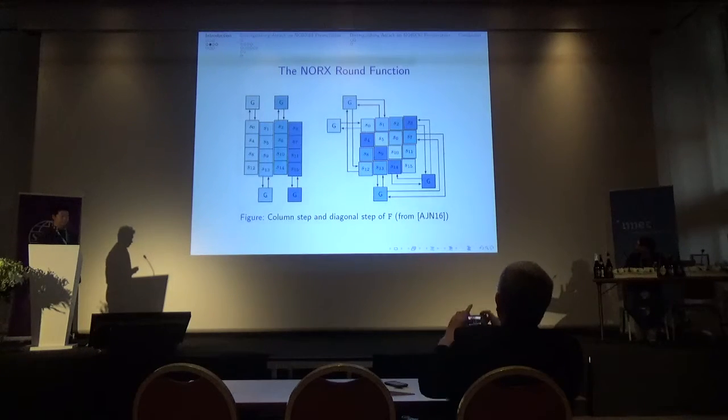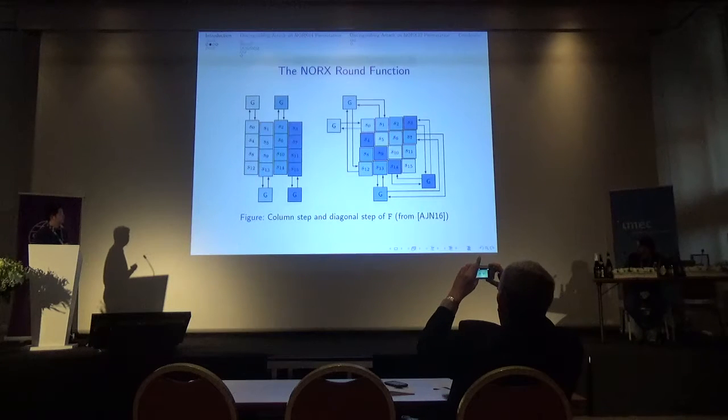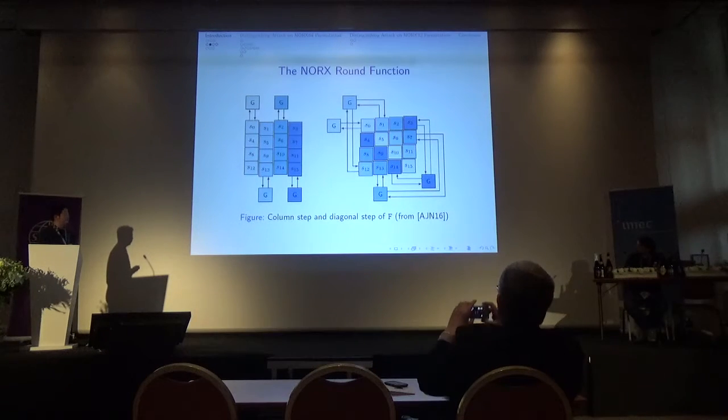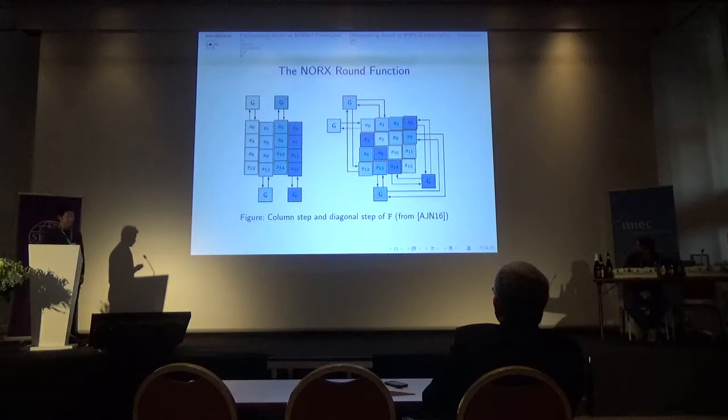So here is the picture. In the column step, it applies the G function to each column. There are 4 words in each column. And then it applies the G function to each of the diagonals. So it's like ChaCha.